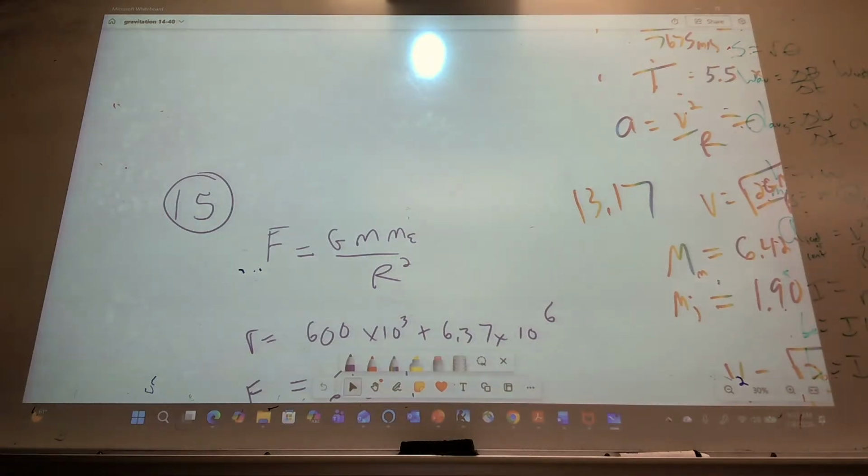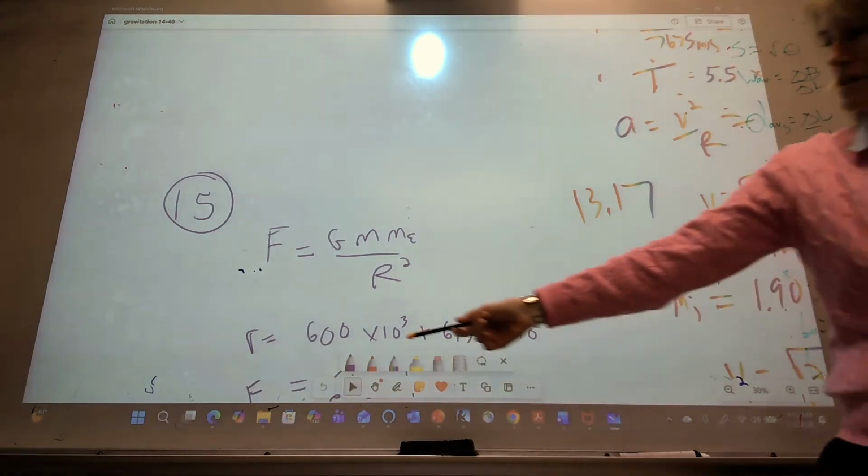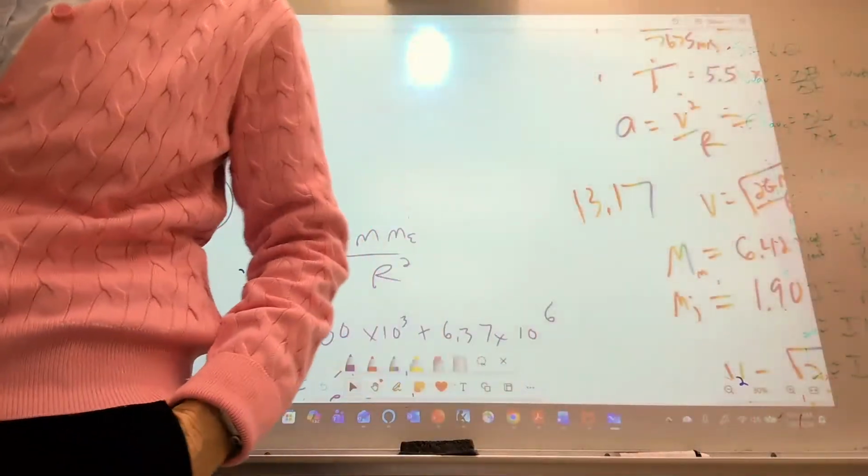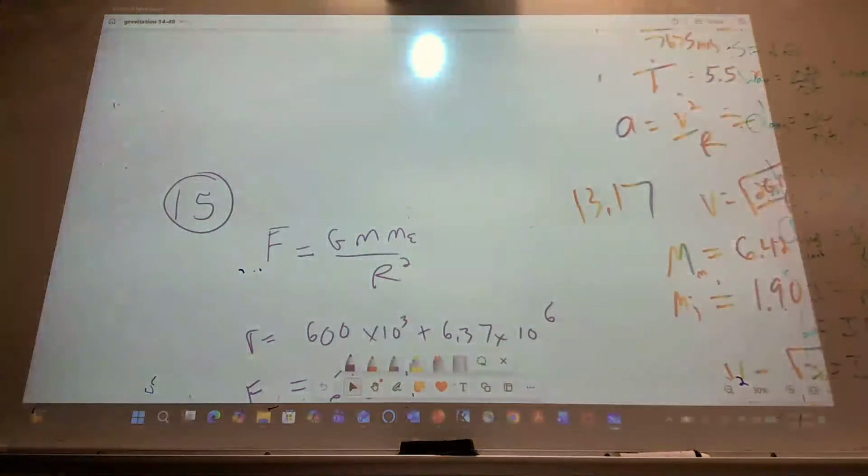The radius is just the sum of these two: the radius of the Earth plus 600 times 10 to the third.